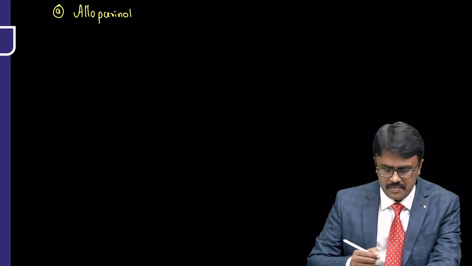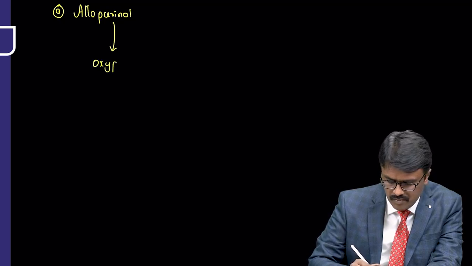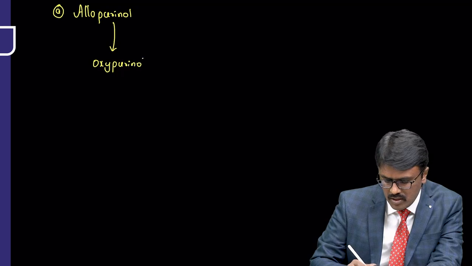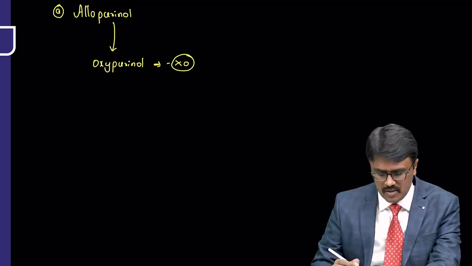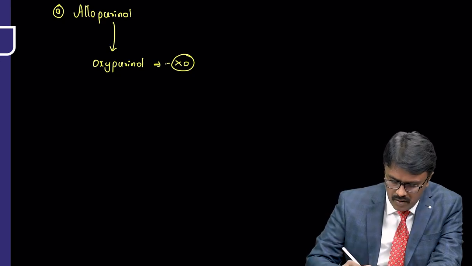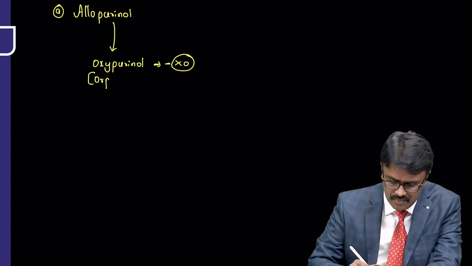So allopurinol, after metabolism, will give rise to oxypurinol. So oxypurinol can also inhibit the enzyme xanthine oxidase. Now oxypurinol is not commonly available. So it has an orphan status.